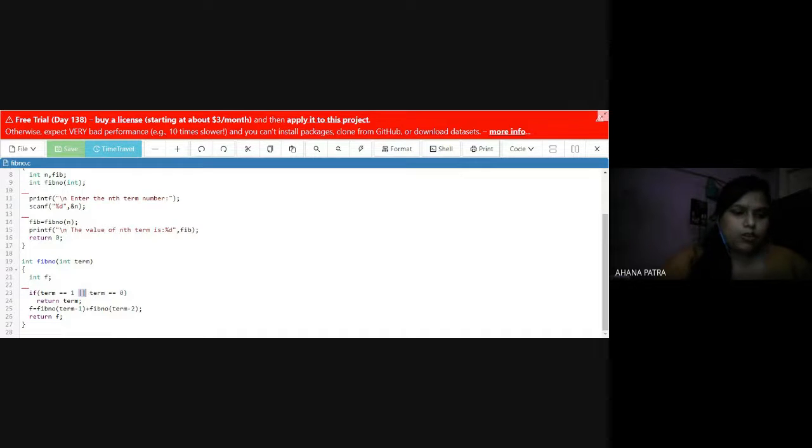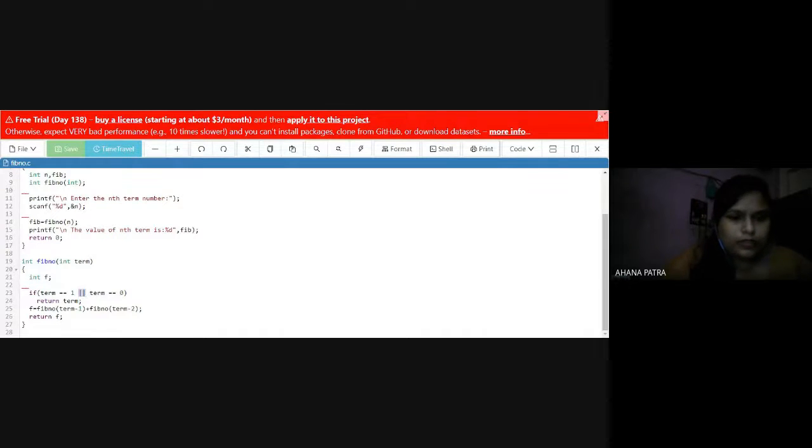If it is not, then we call the function Fibonacci two times. Why? Fibonacci of term minus 1 gets the previous term of the Fibonacci series, and Fibonacci of term minus 2 gets the term before that. If we add these two Fibonacci numbers, we get the next Fibonacci number, that is f.